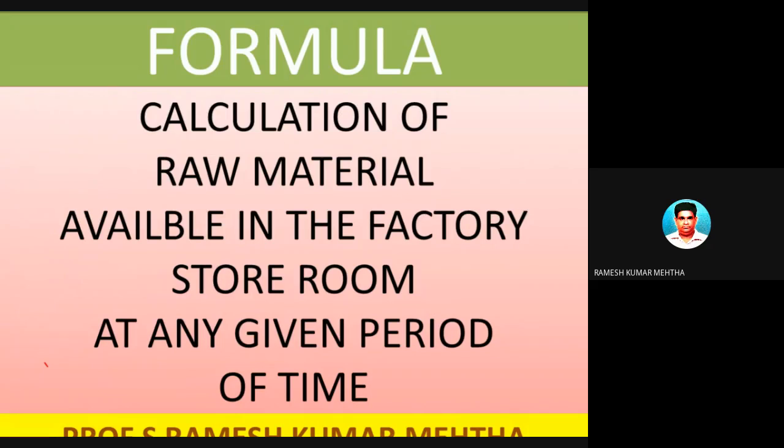Our heading is calculation of raw material available in the factory at any given period of time. In the factory, whenever you go, there is raw material invested. There is an amount of money invested in raw material, and our endeavor is to find out the capital which is getting stuck in raw material.